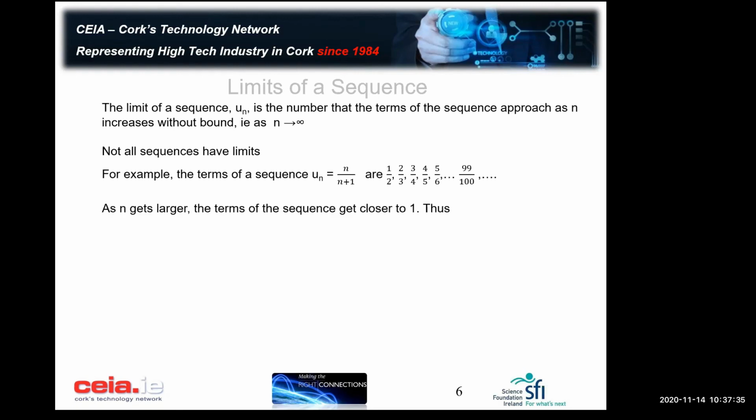As n gets larger, each term gets closer to 1. Thus, the limit of u of n as n approaches infinity, in other words, as n gets bigger and bigger, or you can also say the limit of n over n plus 1 as n approaches infinity, is equal to 1.